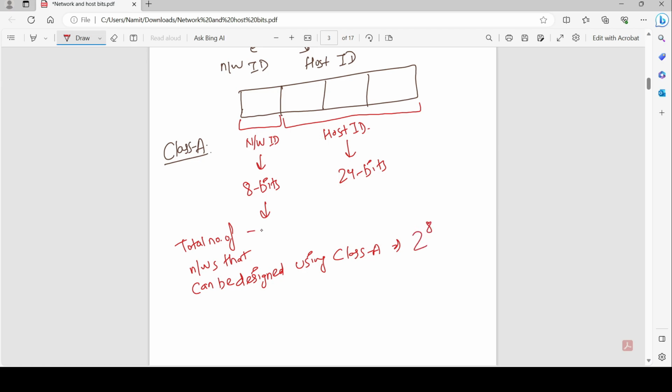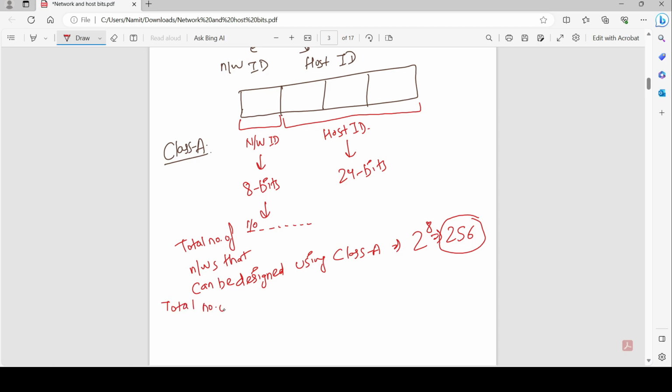If there are 8 bits, 1 2 3 4 5 6 7 8, you can have either 1 or 0. So there are 2 possibilities in each bit space, that is 2 multiplied by 2 till 8 times, which is 2 raised to power 8. The result is 256. So the total number of networks that can be designed from class A is 256.